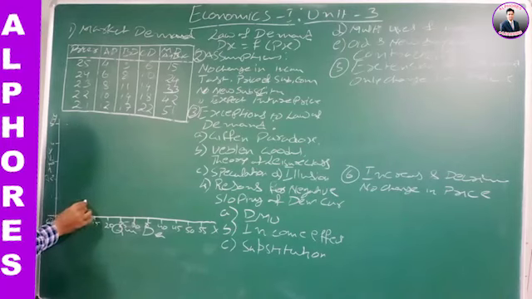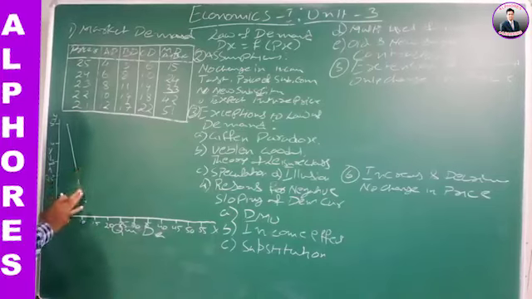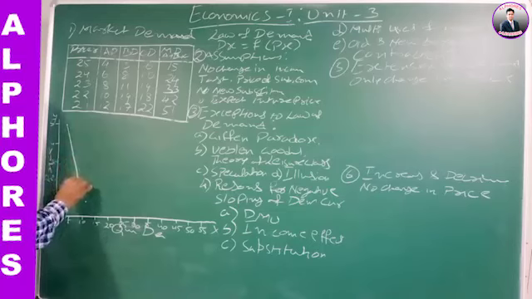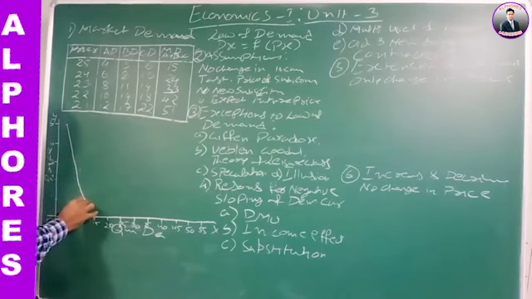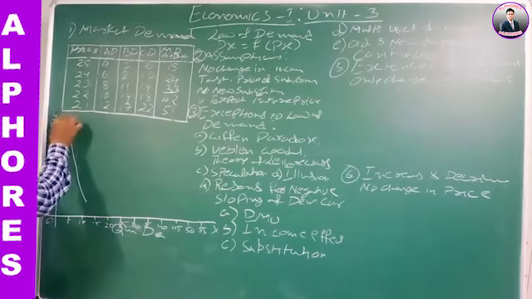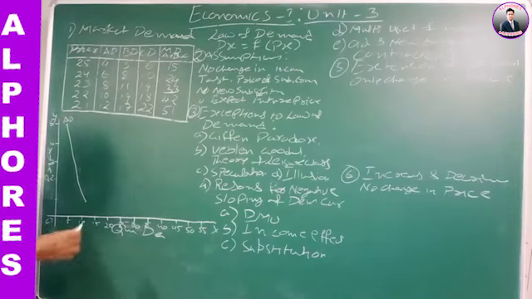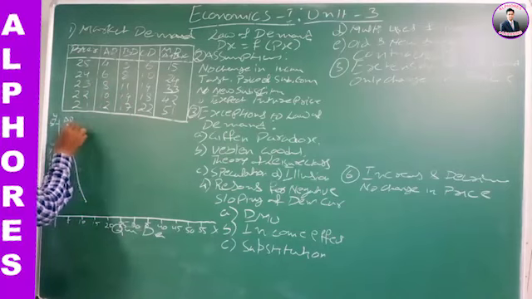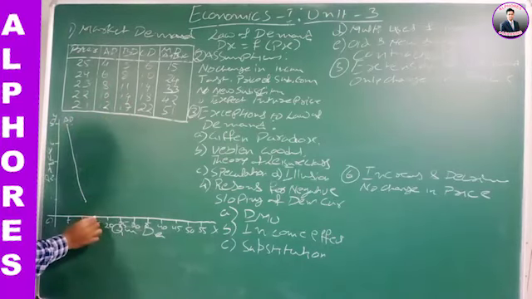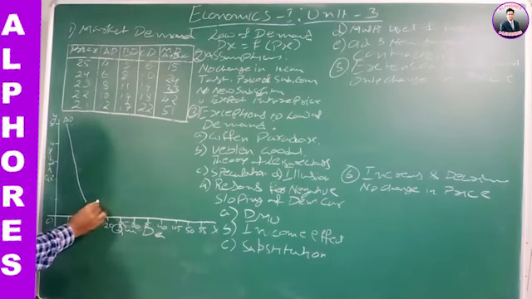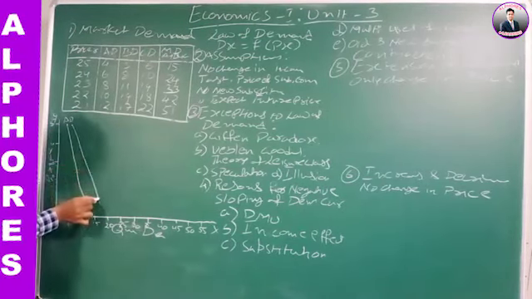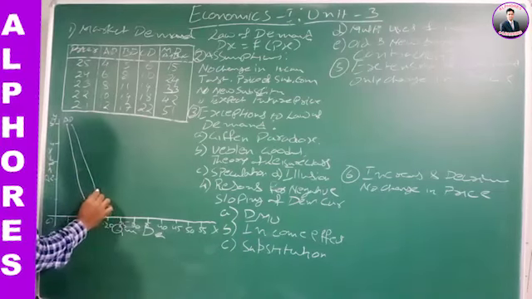So this is the demand of A. This is A's demand, and B's demand starts at 5, exact dot, and that is 17, above the 15. This is what? B's demand. This is demand of B.